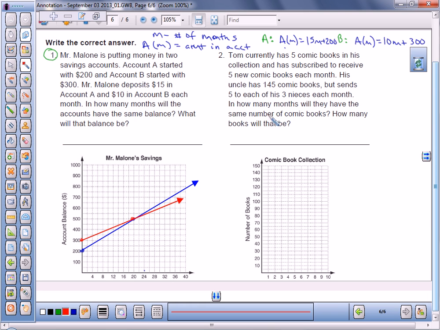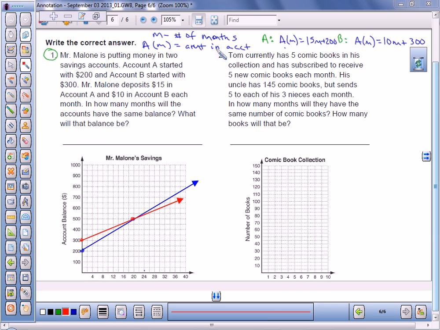Yes. So (20, 500) is also a point on this one, which happens to be where they intersect. So that's my solution. Okay, so they do intersect at the point (20, 500).